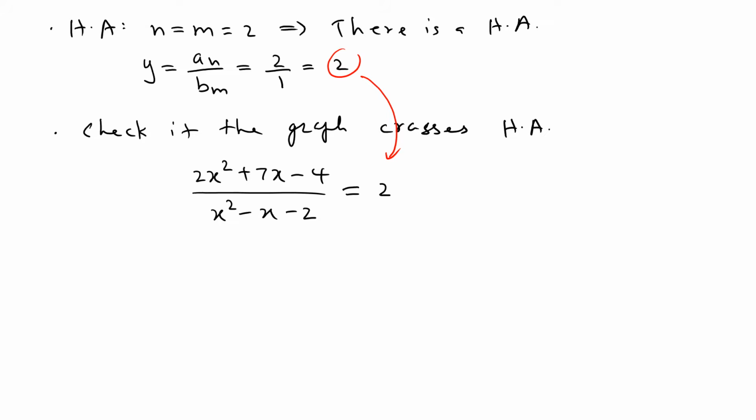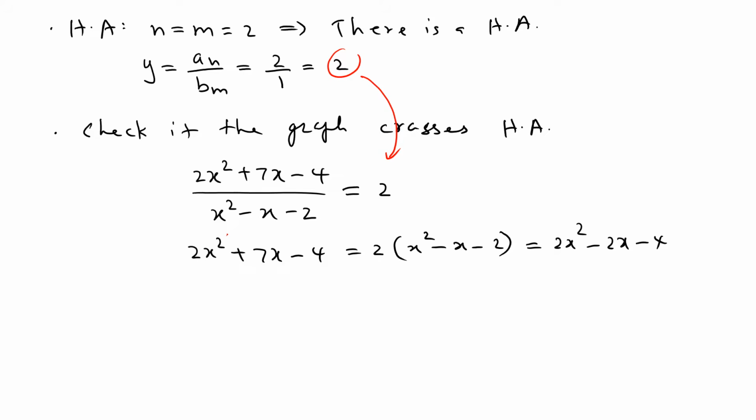Now we're going to solve this. We cross multiply. Once you cross multiply, you can write 2x squared plus 7x minus 4 equals 2 times x squared minus x minus 2, which is 2x squared minus 2x minus 4.